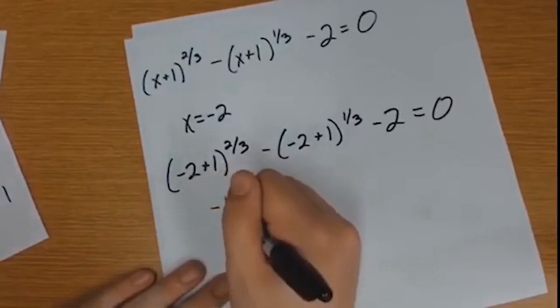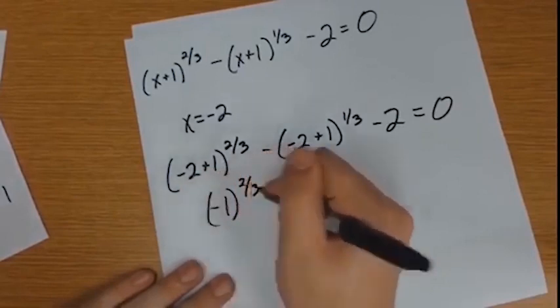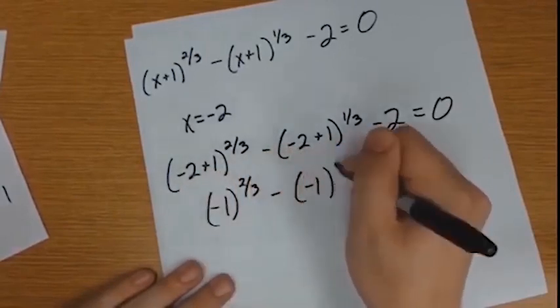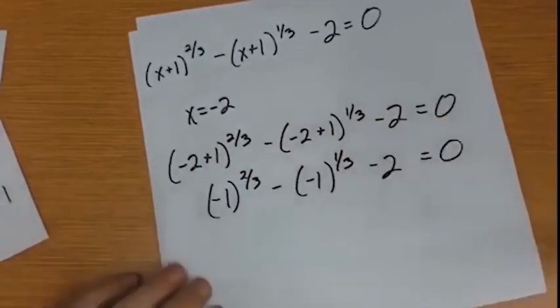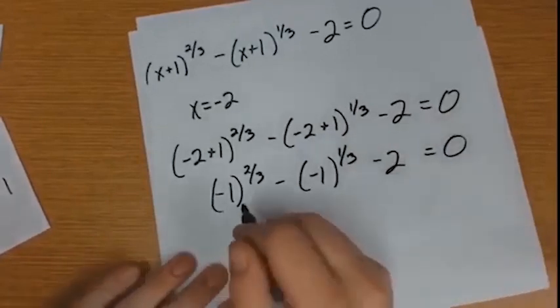Negative 2 plus 1 is negative 1. This was the part where I was missing some information on the screwed up page.